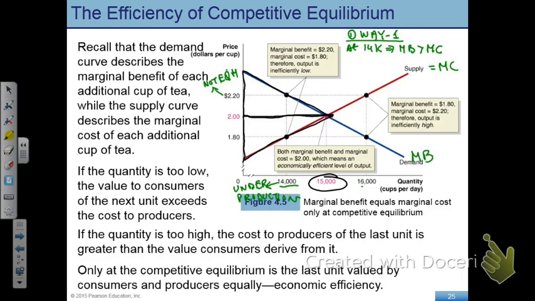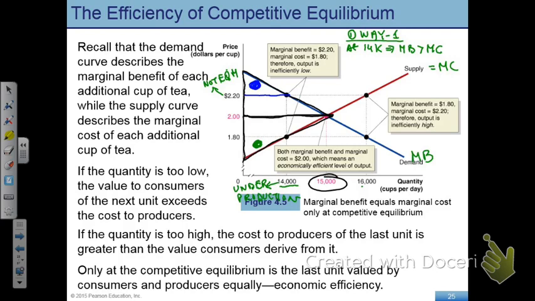When the market is not in equilibrium, let's say at $2.20, the consumer surplus is this area. Do we all see that? And the producer surplus is this area. Do we all see that? I apologize. The producer surplus is that area, because the producer surplus is the area below the market price and above the supply curve.